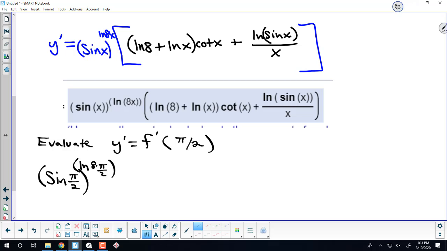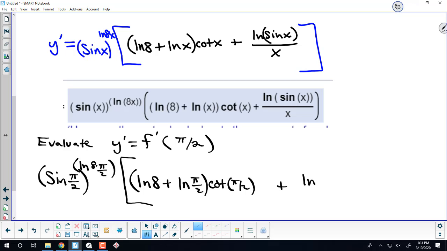So here parentheses for our power. And we have that number times all of this stuff. So the ln of 8 plus the ln of pi over 2, and those two numbers times the cotangent of pi over 2, plus this number, which is the ln of the sine of pi over 2, over pi over 2.